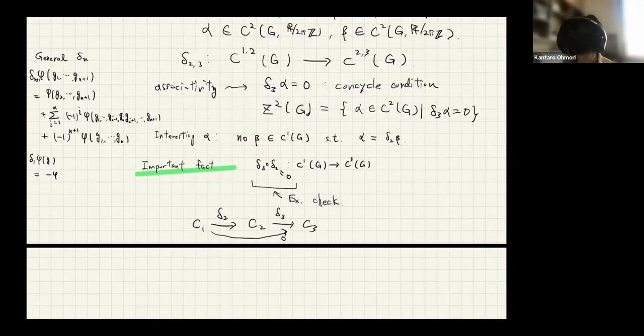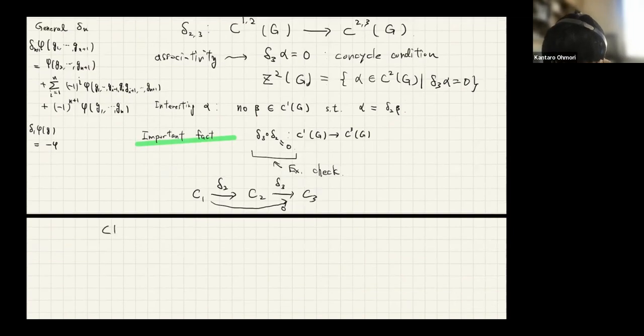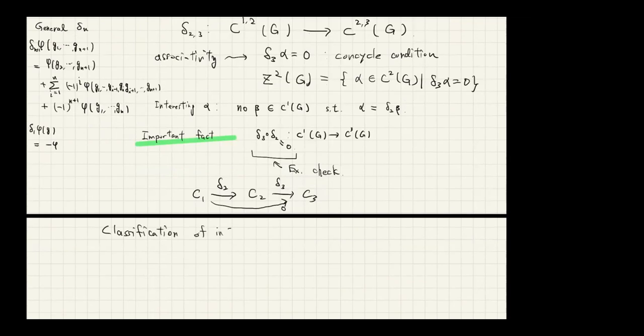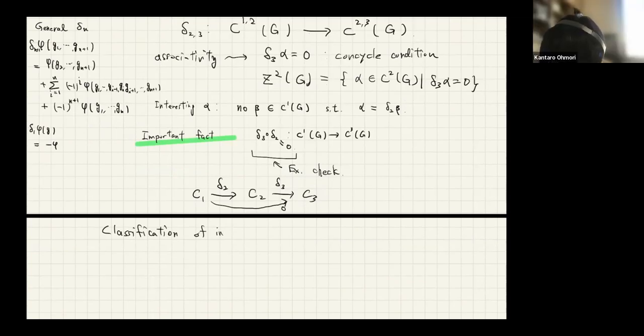Okay, so the classification of interesting or non-trivial alpha, I mean projective phase, is given by cohomology.